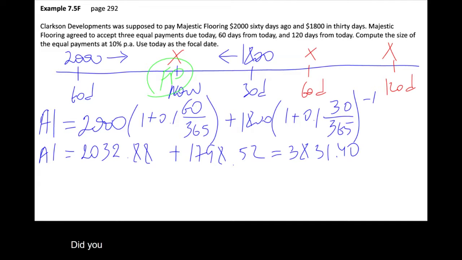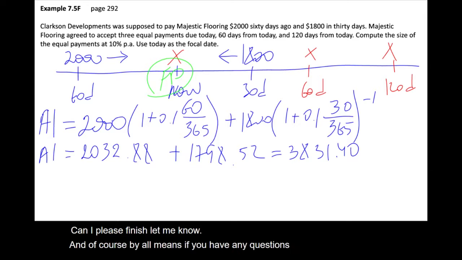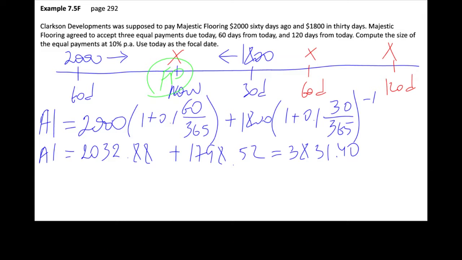Did you finish your calculations, people? Okay, please finish, let me know. And of course, by all means, if you have any questions, you're free to ask. Yes, real quick. I see in the question it says compute the size of the equal payment at 10% PA, right? What is PA?